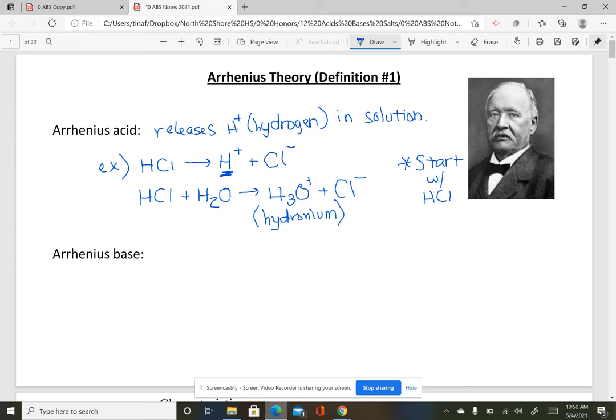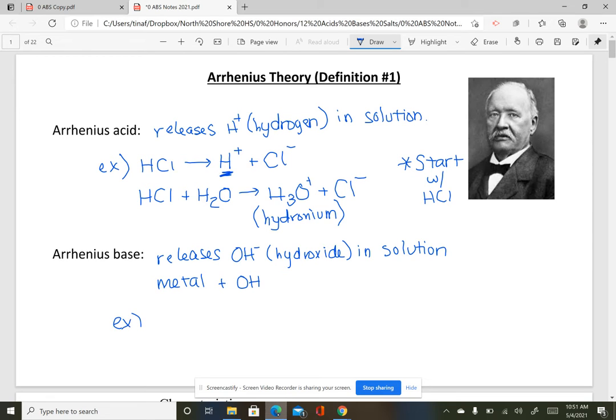Okay. If something is a base, Arrhenius said it releases hydroxide ions in solution. So bases follow the rule: bases are usually a metal plus the hydroxide ion.